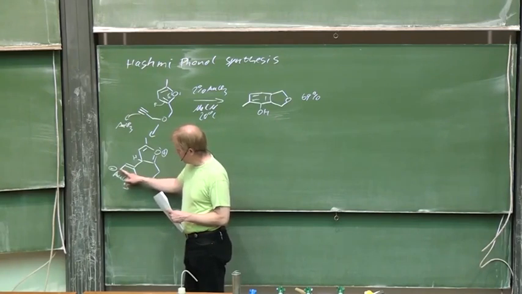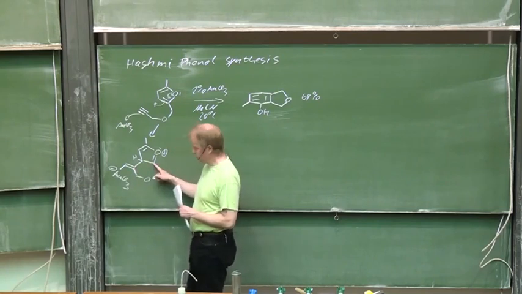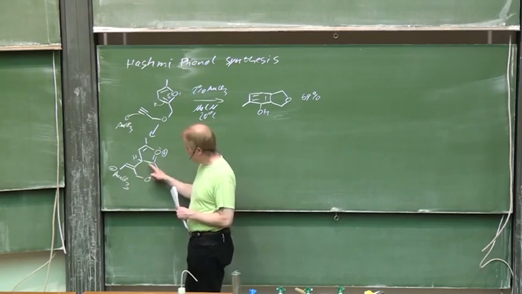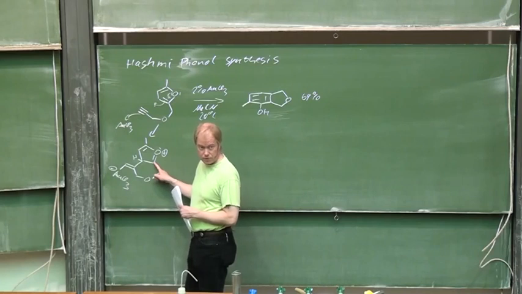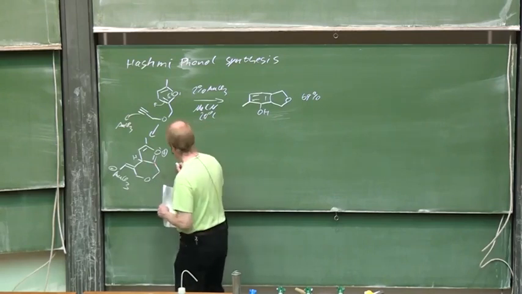This now delivers electron density. This is the nucleophilic center. This is the electrophilic center. We can combine those, of course, with a three-membered carbocycle, cyclopropane, as the intermediate.